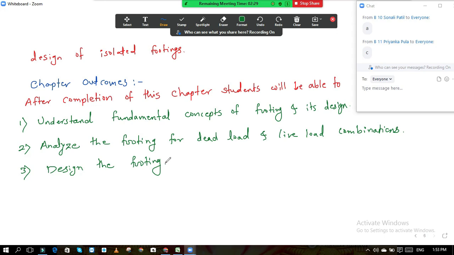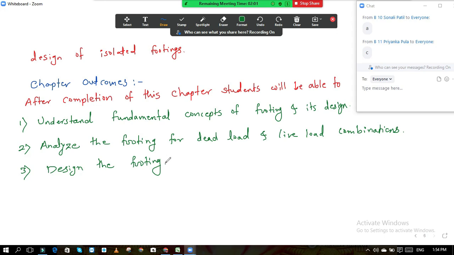First, you will understand the basic concept, then fundamentals of designing. Then you will be able to analyze the footing for dead load, live load, soil pressure, and different loading combinations. Then you will be able to design the footing. So first of all, in short, I will tell you what is the footing.